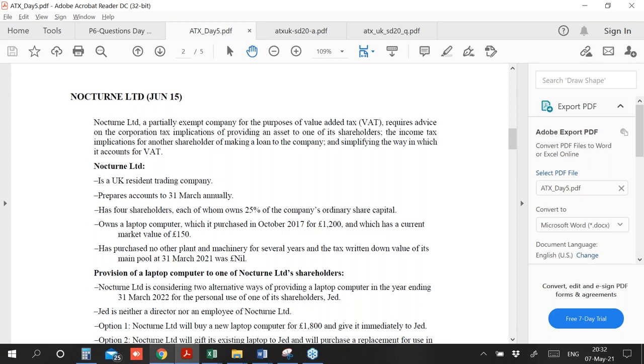So we are not focusing on any particular tax, either the individual ones or the capital taxes or the corporation taxes. However, in today's question, my prime focus will be on corporation tax and VAT. So the questions I have selected today can be found in the ATX Day 5 questions handout that you can download.